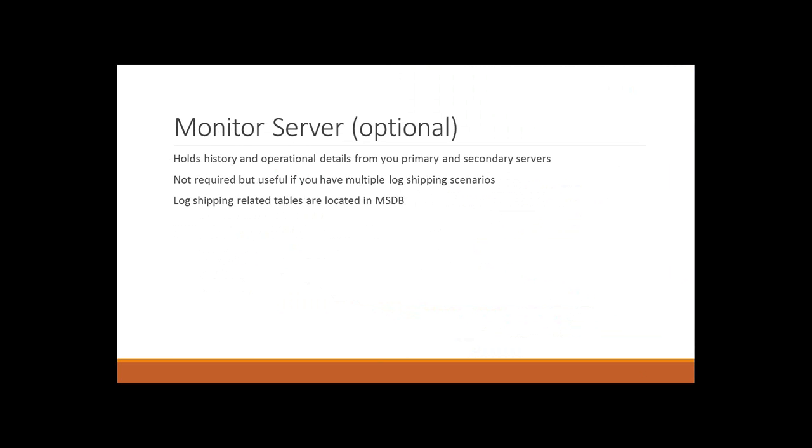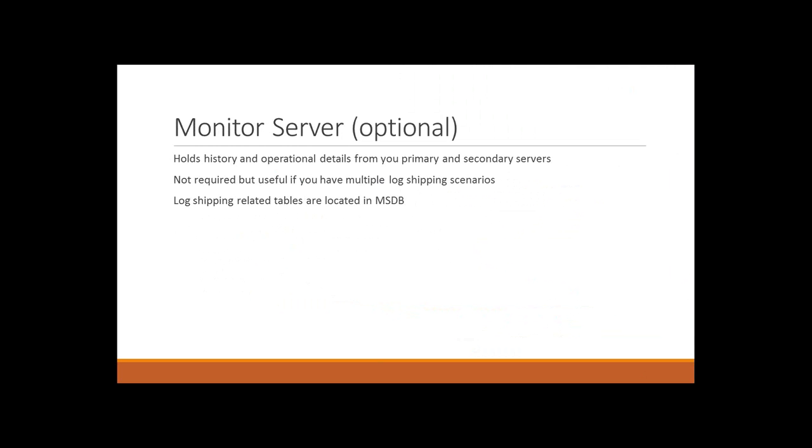There's another component, too, the monitor server. So there are tables in MSDB when you're using log shipping that will get populated with data on your source and destination. But what if you've got multiple secondaries? Do you really want to go to all of those secondaries to look at that information?